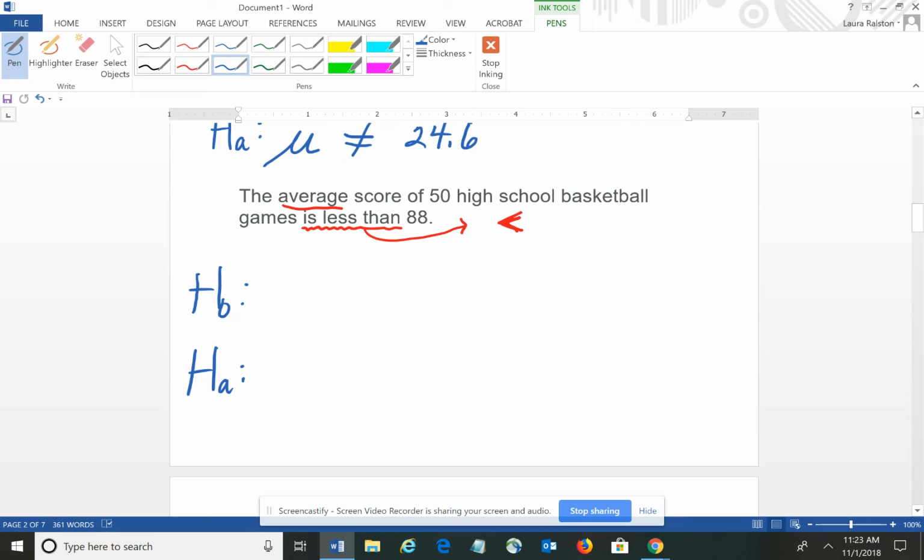Since it's less than, which does not contain equal, this statement, the average score is less than 88, represents the alternative. So the mean is less than 88. Again, noting that the null and the alternative are opposites of each other, the opposite of less than would be greater than or equal to 88.